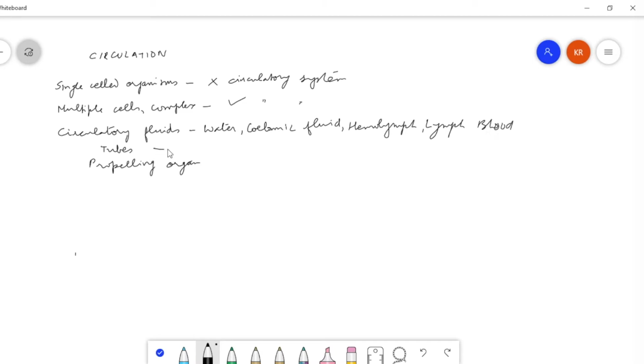The different forms of tubes will include arteries, veins, arterioles, venules, and capillaries.